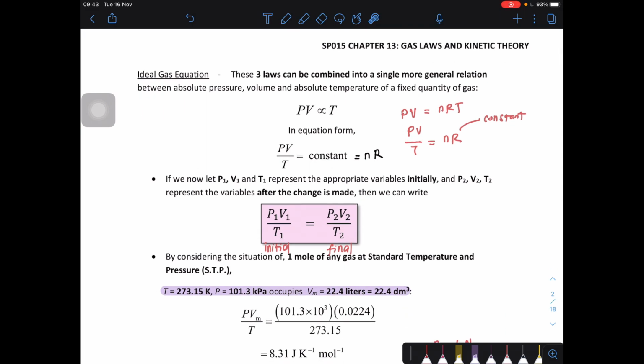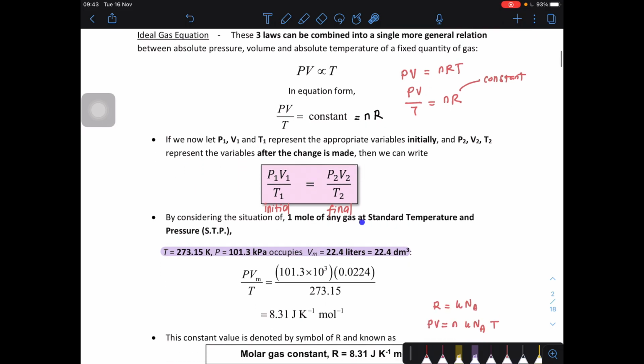In some of the questions, dia tidak akan bagi spesifik what is the value for pressure, what is the value for temperature. But instead, dia akan bagi tahu, okay, the gas is at standard temperature and pressure, at STP. So, kalau dekat STP, kamu kena ingat, the temperature will be equal to 273.15 Kelvin.